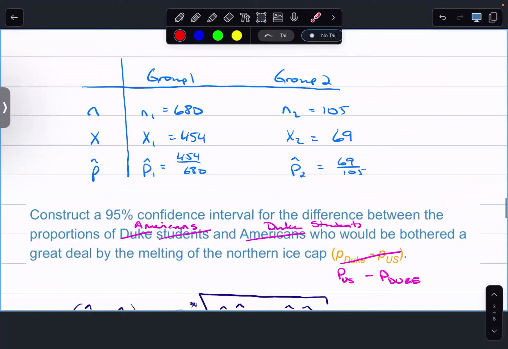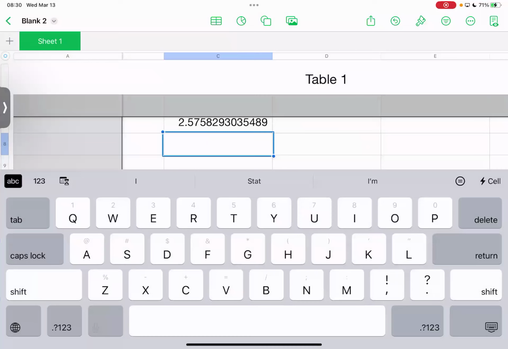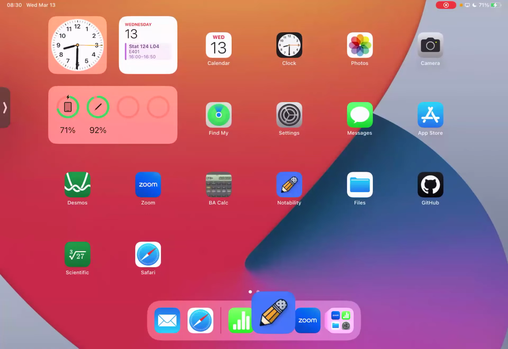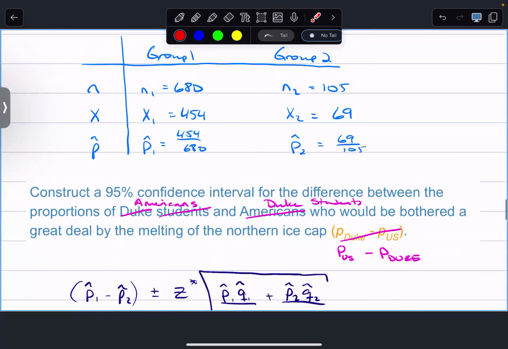And we have our p1 hat and our p2 hat. In fact, let me grab my calculator. I would probably do this in Excel if my numbers didn't show up so small. And it's kind of hard to type on the iPad. Let's see here. 454 over 680 is, I'm going to round to 3 decimal places.